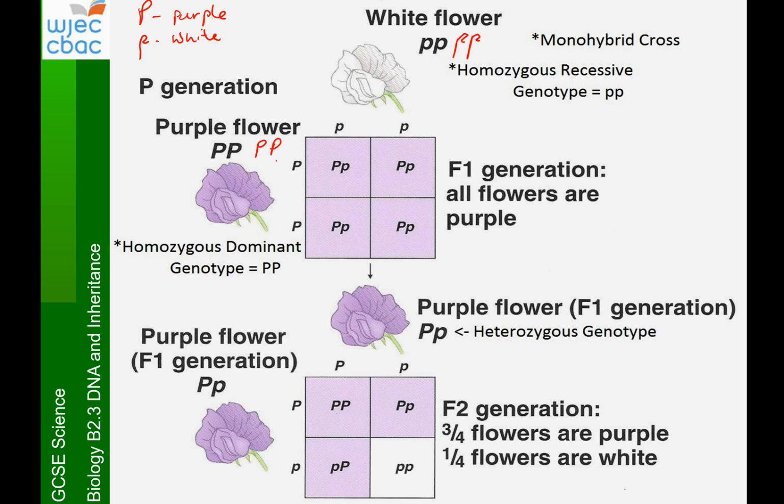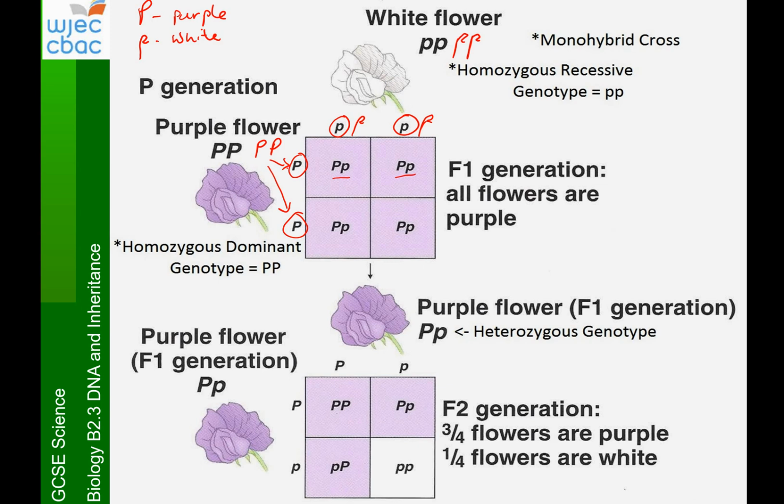So the purple flowers are going to produce the pollen. And pollen, remember, because it's a sex cell, a gamete, is going to have half the amount of DNA. So both of the pollen grains only have 1 copy, both capital P's. And the ovules in our white flower both had lowercase. So these are lowercase p's here. So when we join this pollen grain with this ovule, we get 1 of each.